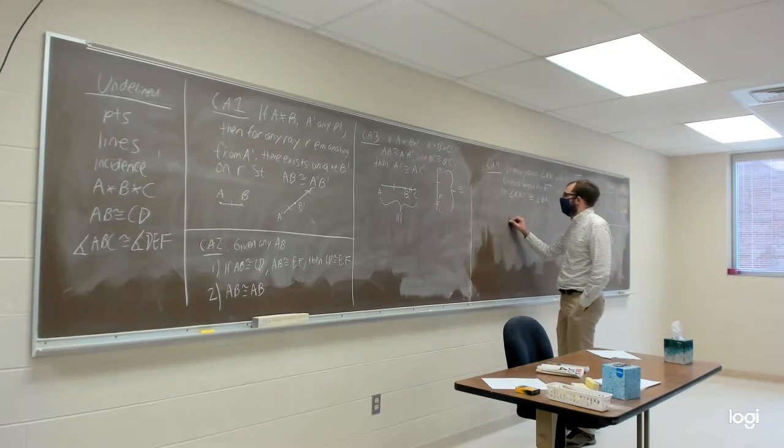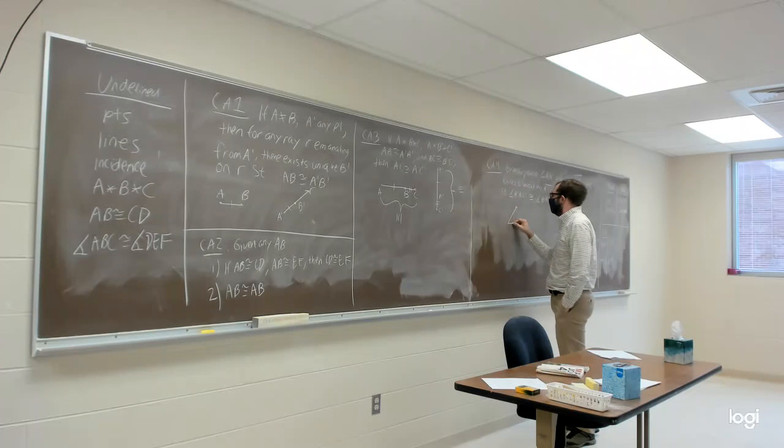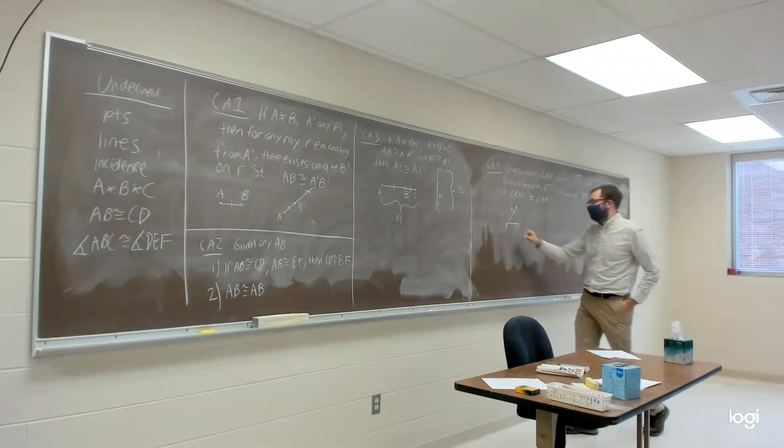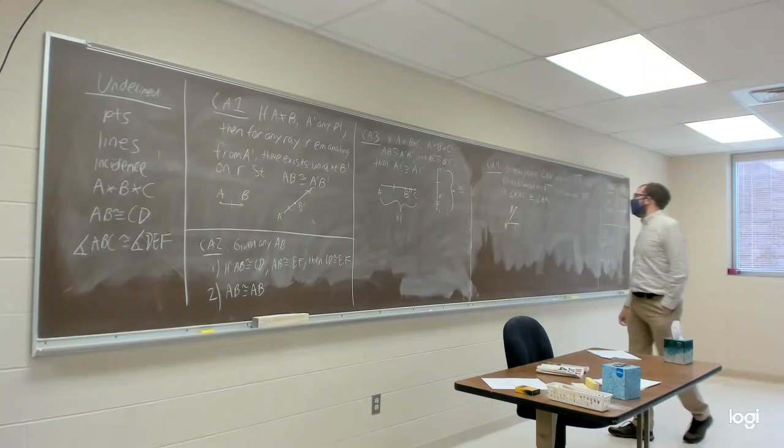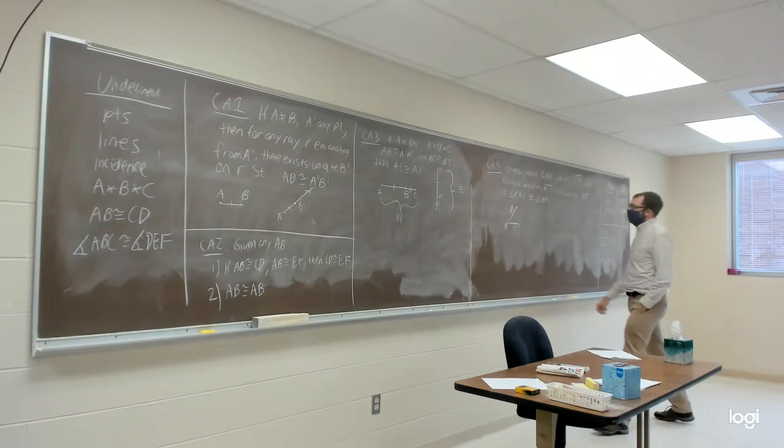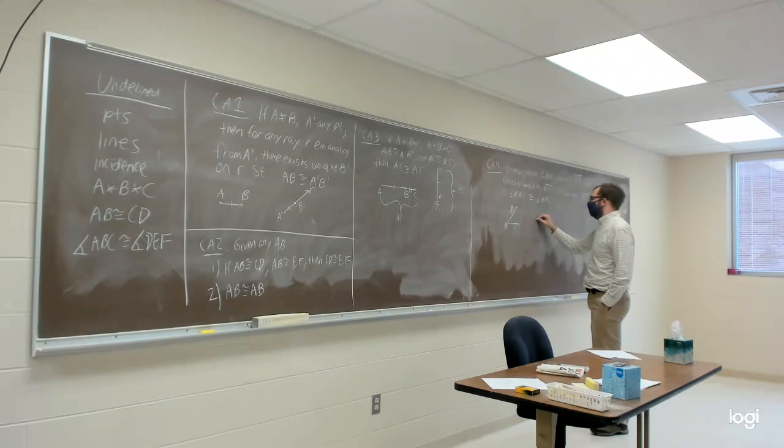That's a bit of a mouthful. So what this is saying is if we have an angle that we're going to use as our measuring stick, let's say angle BAC, that we started with. And suppose we have some other ray emanating out from a point A prime, B prime.